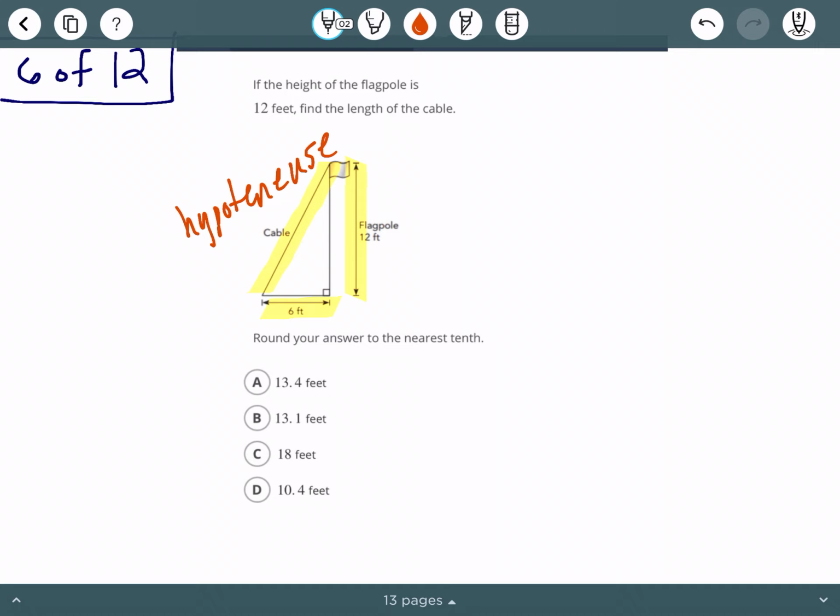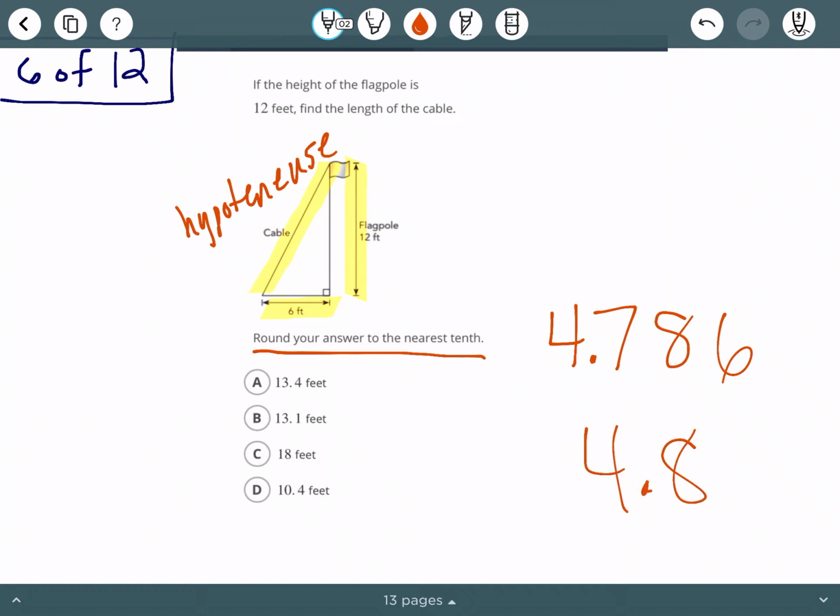Now, be careful because it's telling you to round your answer to the nearest tenth. The nearest tenth is going to be one place after the decimal. So let's say we have 4.786. We would round up to 4.8. It's only one after the decimal.